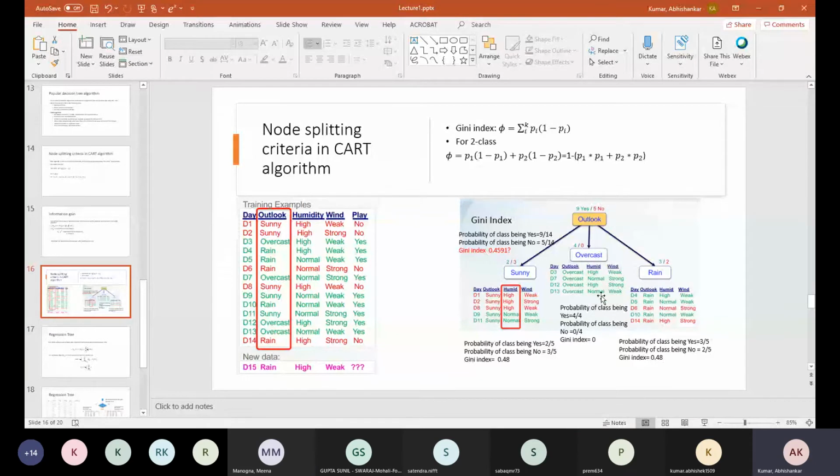But different amounts of data go to each node, so we weight the Gini index based on the data present at each node. If we average it, we give equal importance to the Gini index at every node, but that is not right because different amounts of data are present. Overcast has only 4 observations, Sunny has 5, and Rain has 5. You understood or not?